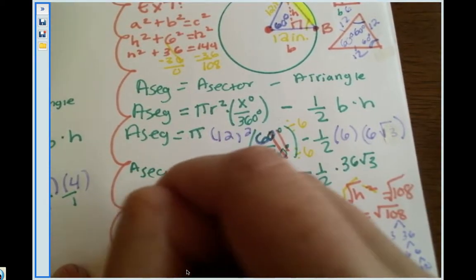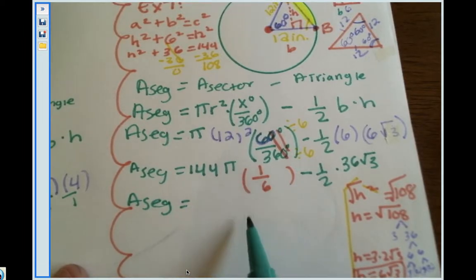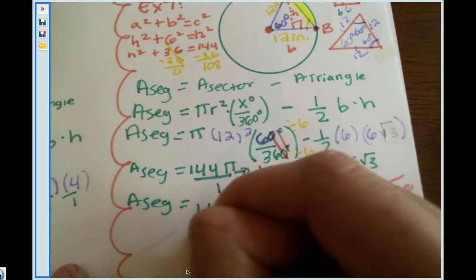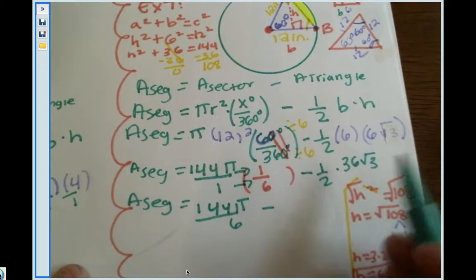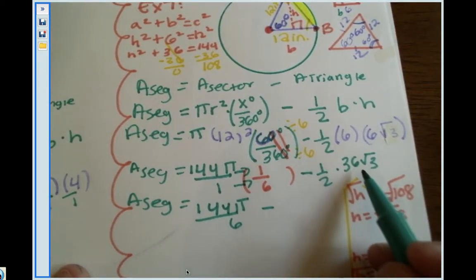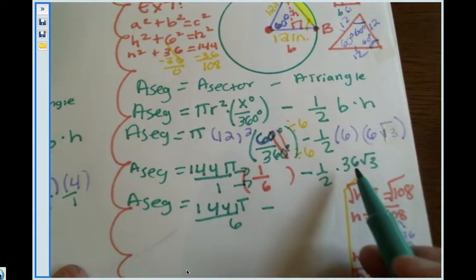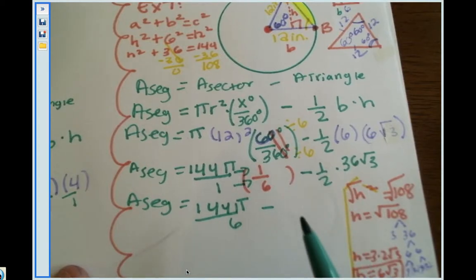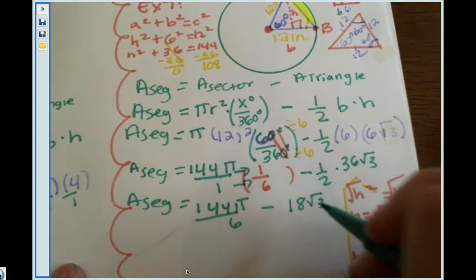So area of the segment equals 144 pi over 6 minus, now 1/2 times 36 root 3, I can only combine things that are outside the square root. So half of 36 is 18. So this will be minus 18 root 3.